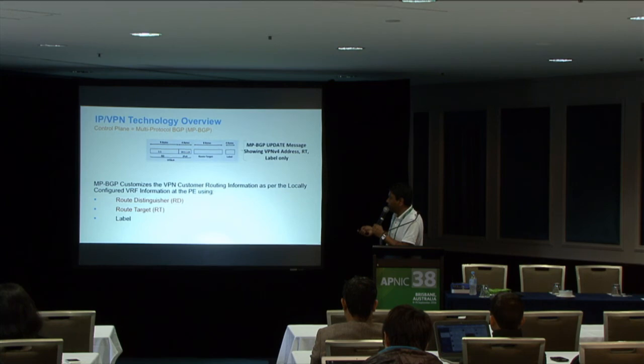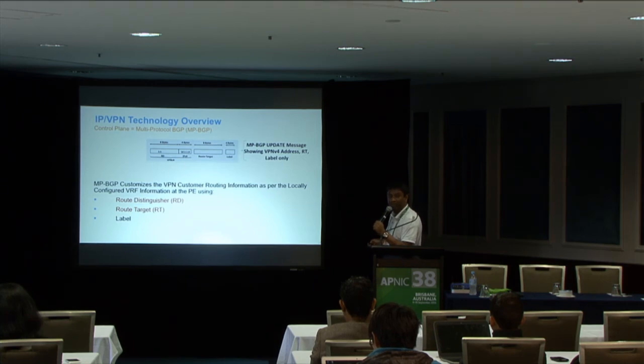To that 4-byte IPv4 prefix, each ingress router adds an 8-byte RD on top of it. So 4-byte IPv4 prefix plus 8-byte RD, altogether 12 bytes, is our VPNv4 prefix. The size of the VPNv4 prefix is 12 bytes.